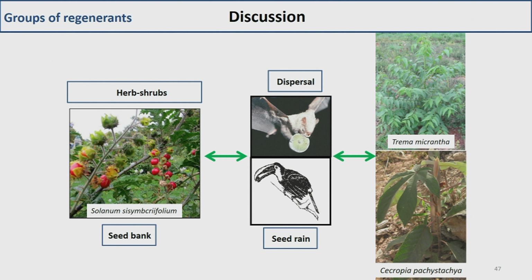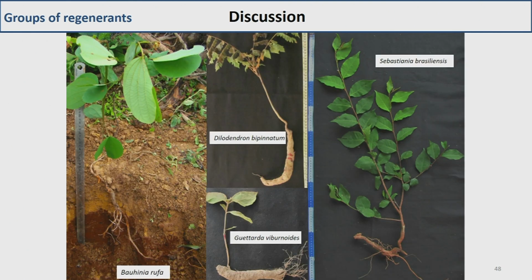Herbaceous shrub species that germinated from the seed bank quickly covered the soil and attracted dispersal of forest pioneers, Trema micrantha and Cecropia pachystachya. Root fragments sprouted, bringing to the area several species of trees and lianas present in the topsoil of the source forest: Bauhinia, Dilodendron, Guettarda, and Sebastiania.